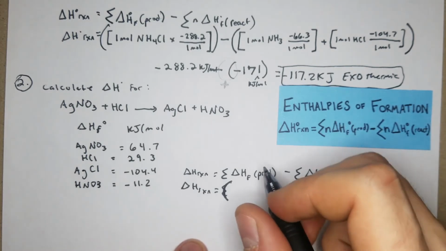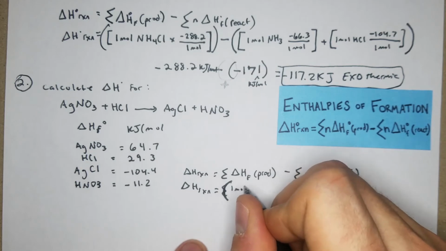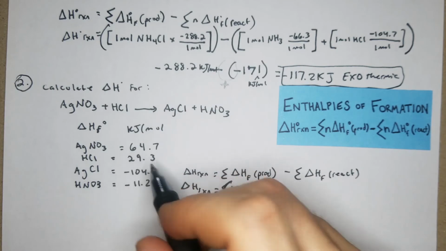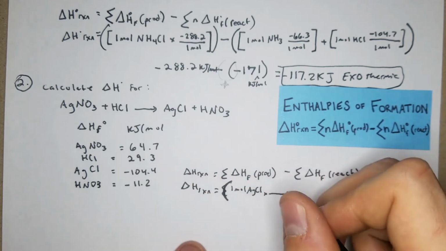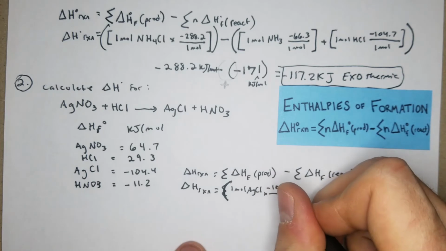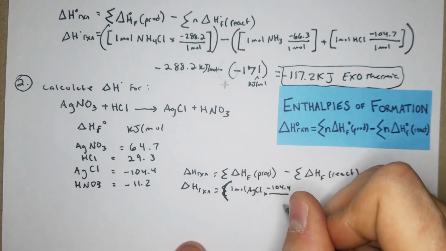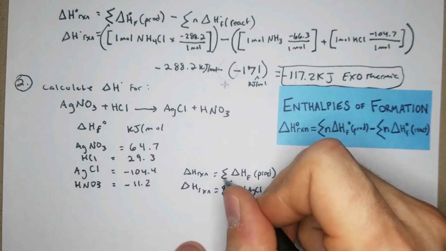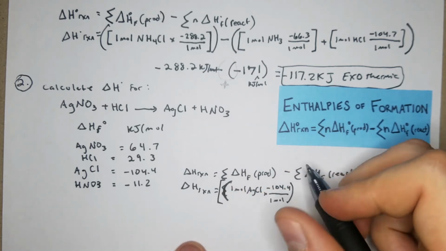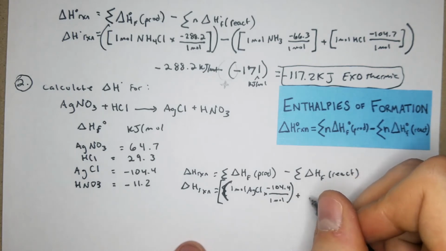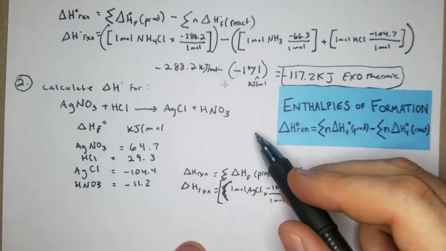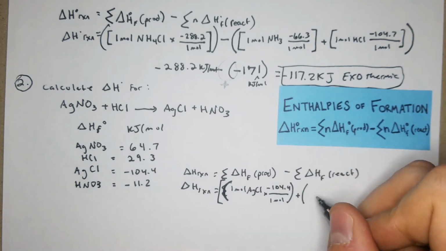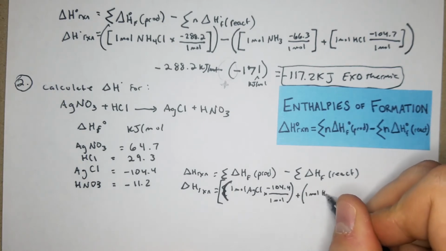The AgCl, we're going to have 1 mole AgCl, which is negative 104.4, and that's 1 mole, plus our other product, which is the HNO3, 1 mole HNO3.